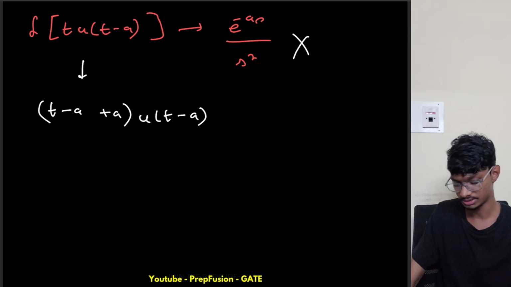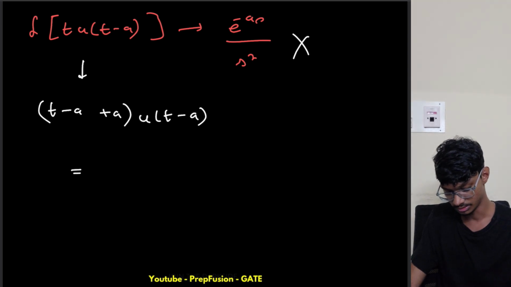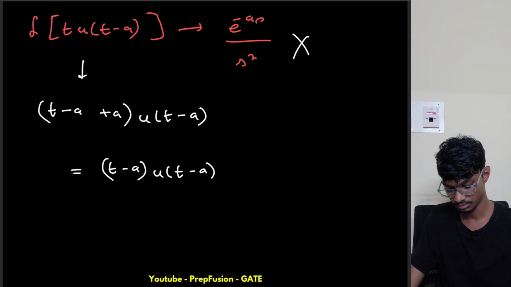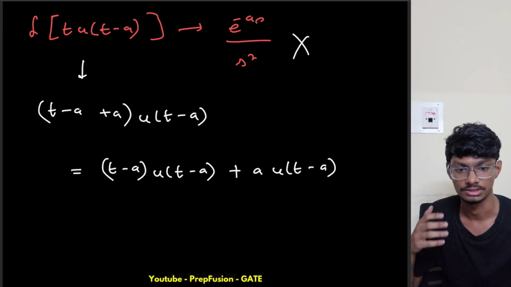Now what will be the Laplace transform of this? Let me break this down: t minus a times u of t minus a, plus a times u of t minus a.